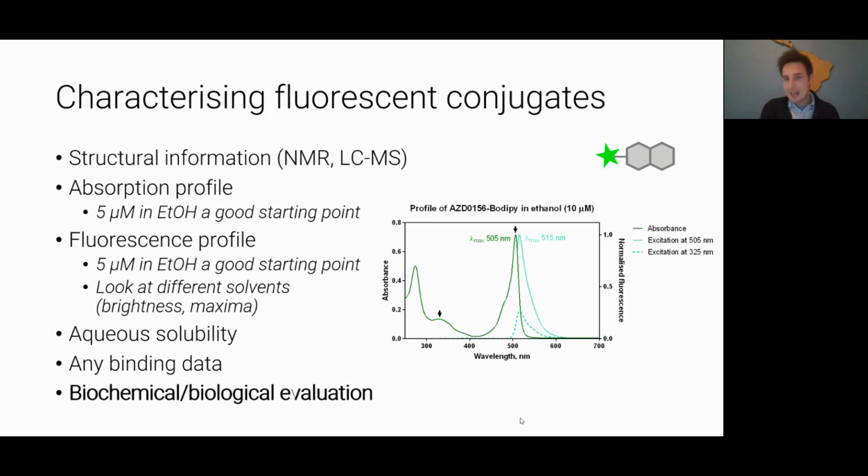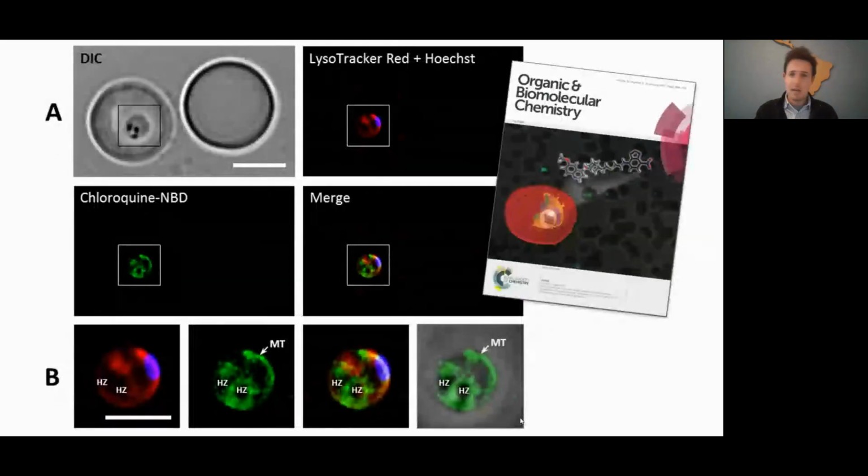And so you need to make a good case that whatever localization studies or imaging experiments you're going to do with this fluorescent drug conjugate are in fact a good surrogate, a good mimic, a good substitute of the parent compound. We've done some of this work here at UCT, and this is just to show you in the context of malaria parasites, Plasmodium falciparum. We did some super resolution imaging and how you can really tell some cool things, in this case, a fluorescently labeled chloroquine molecule, and where that localized relative to other cellular structures.